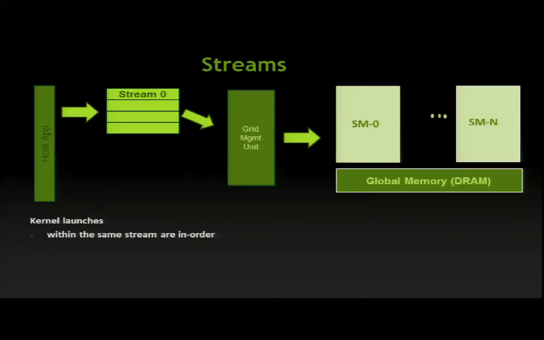When you have your host application and it launches a bunch of kernels, if they're in the same stream, they will be put onto the streaming multiprocessors in order. If you have grid 1, 2, and 3, and so on, they will be dispatched to the SMs in order. So grid 1 will be put on the SMs.